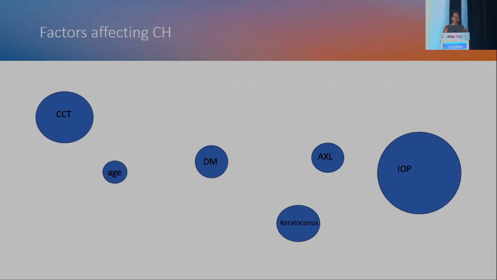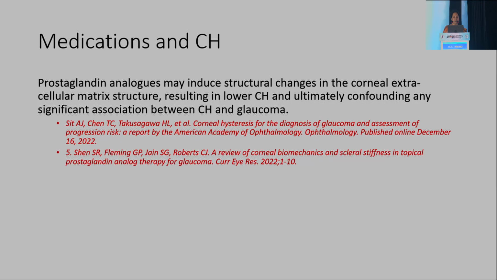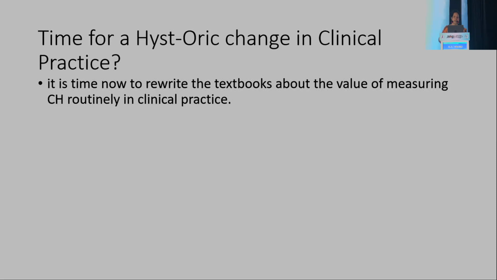There are factors which affect corneal hysteresis, like CCT, age, diabetes, axial length, keratoconus, and IOP. But none of these parameters have been considered in any of the ORA studies. Medications can also confound the CH value. For example, prostaglandin analogs induce structural changes in the extracellular matrix, and this results in low CH and can confound the significant association between CH and glaucoma.